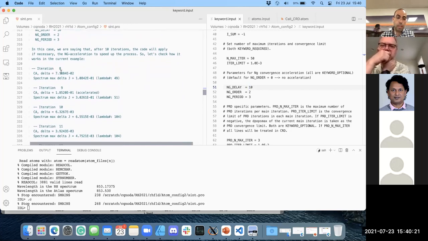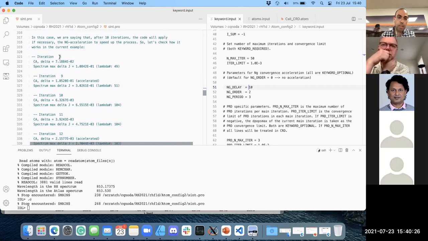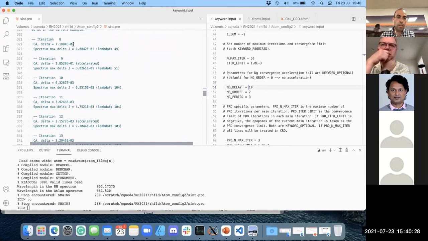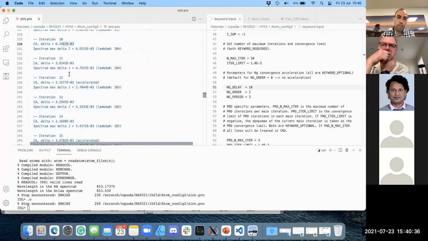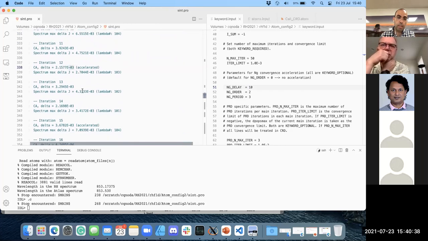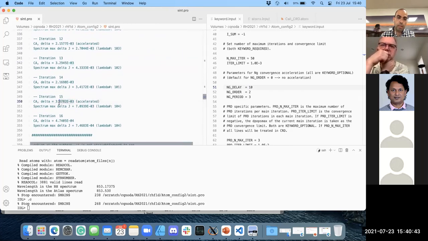So if we check the example that we have run, starting from iteration 8, you will see that it has -2 here, then it says -1 accelerated, and then it jumps to -3. Then it says nothing, and then it says accelerated again. Here it seems that it's worse, and then it goes down. And then here it says accelerated, and then it makes a jump.